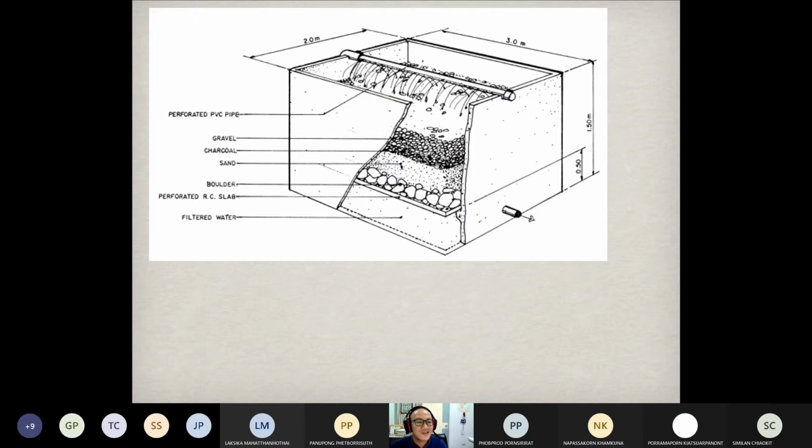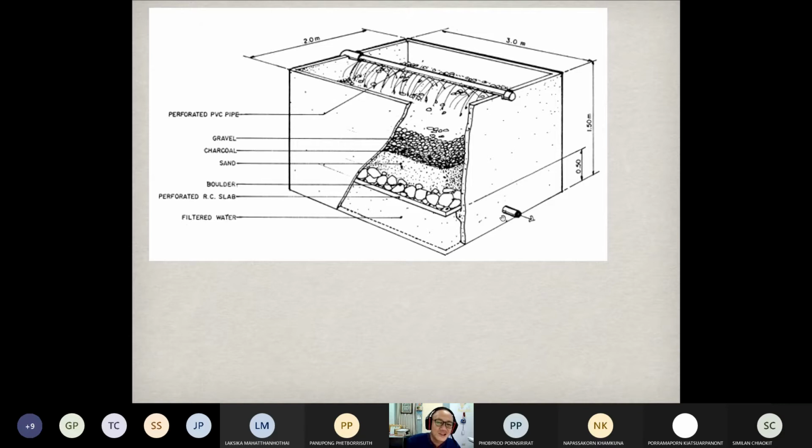So this is a kind of gravity filter. It can be opened to the atmosphere. Water just enters the chamber at the top or at the surface of this chamber, and then it just moves through this media.